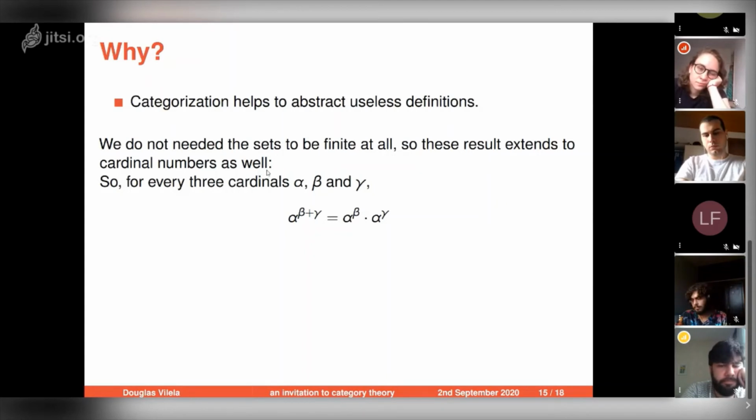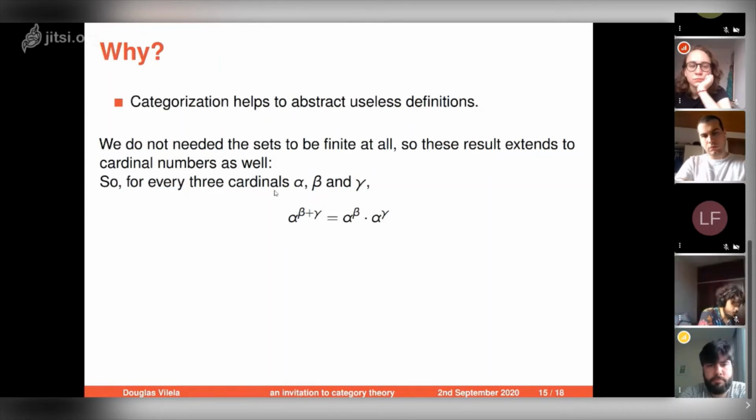For those who don't remember, the cardinal numbers are a generalization of the natural numbers. They have the finite natural numbers and transfinite numbers, so they really take the place of thinking about cardinalities.